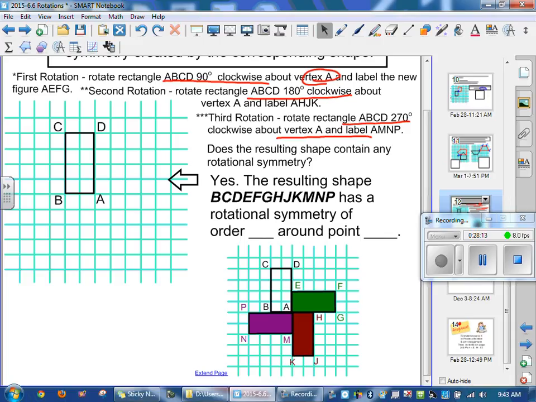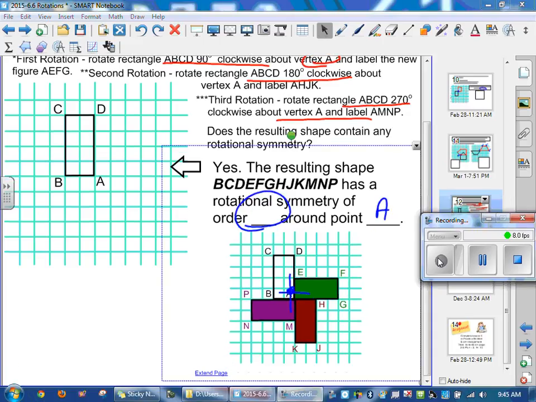The A. Now draw your new object on your parchment paper, and we're going to find out how many times it covers itself so we know the rotational order. Everybody find the rotational order of that new object. Our rotational order is 4. Excellent. It's got a rotational order of 4.